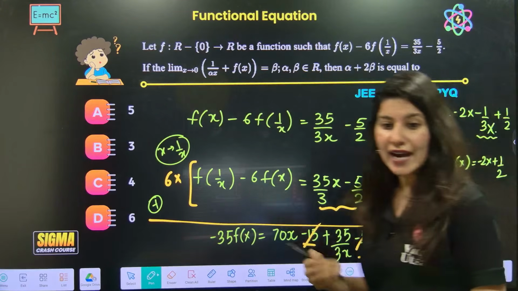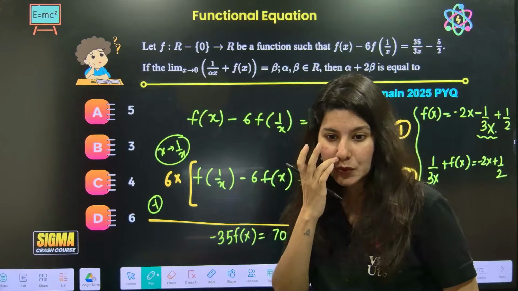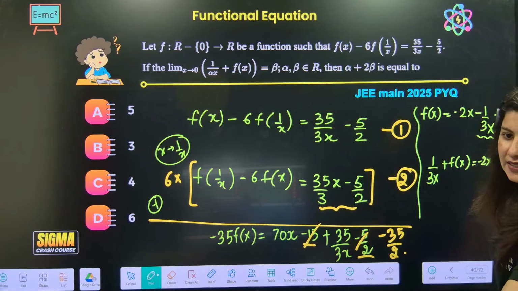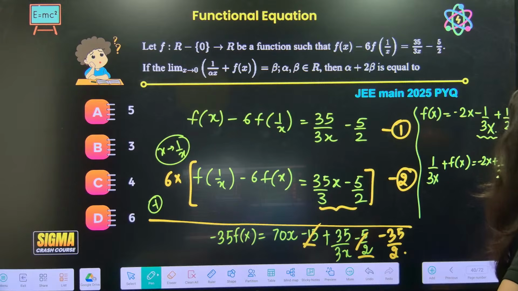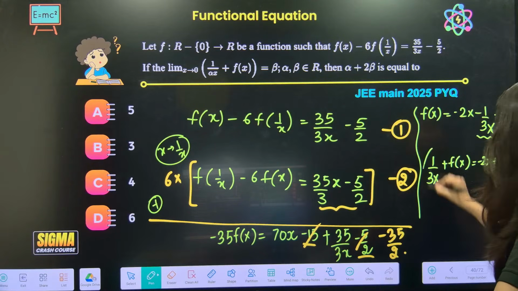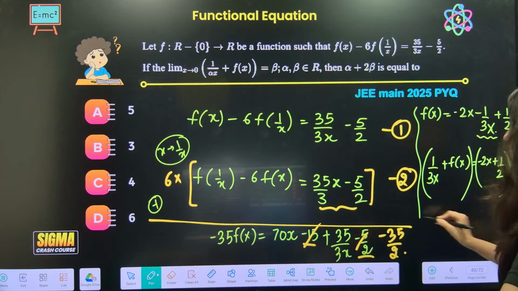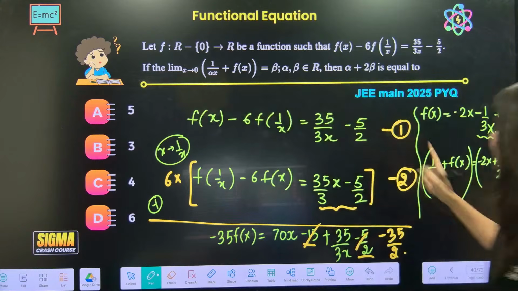Try to do the question smoothly. All right, so this is what it is. Now take the limit x tends to 0 on both sides.